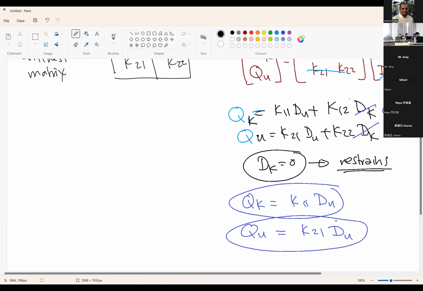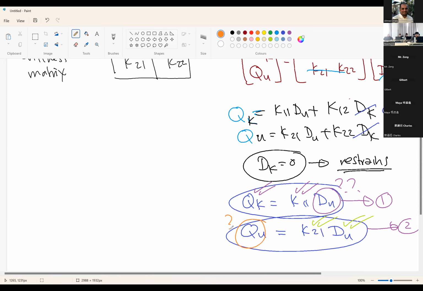For the first one, we know Qk and we know K11, and we are looking for Du. In the second one, after we know Du, we know K21, and we are looking for Qu.